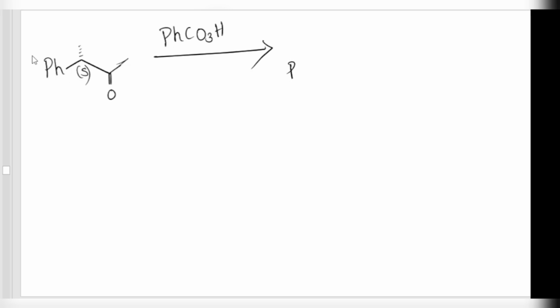Now, another important thing is, suppose I have a chiral carbon. I will take a phenyl group here, and here a carbonyl, and here a methyl. Here a methyl group is there, and here it has S configuration. Here this configuration is S. When we treat this with peroxybenzoic acid, we will get, definitely, the oxygen inserted over here.